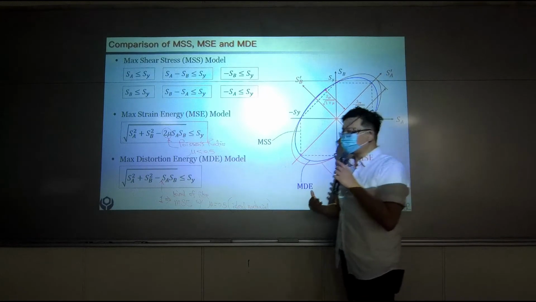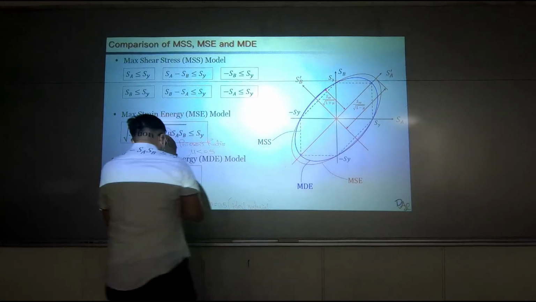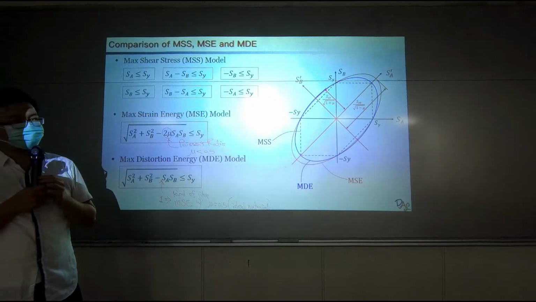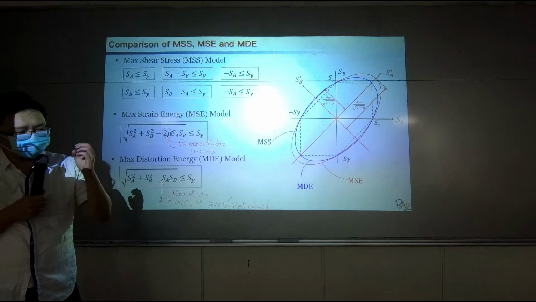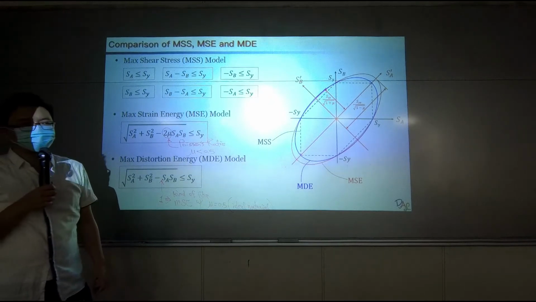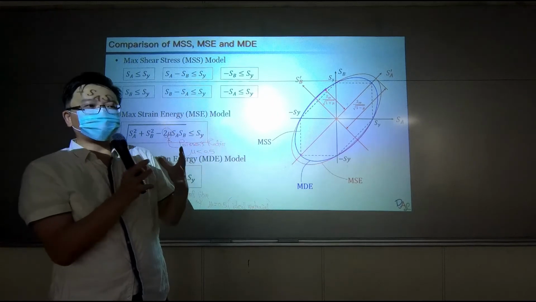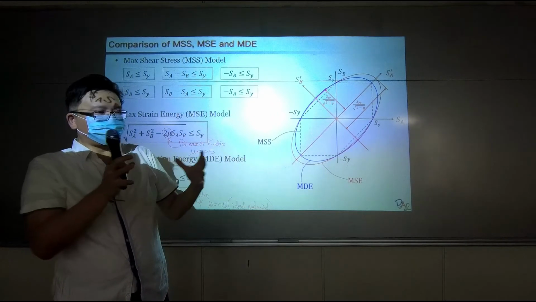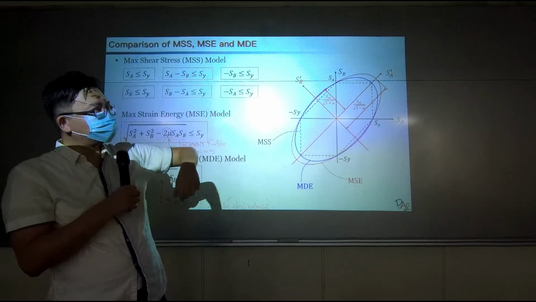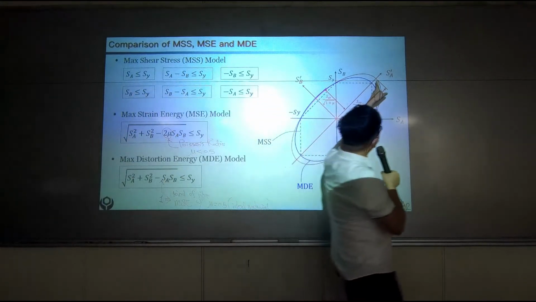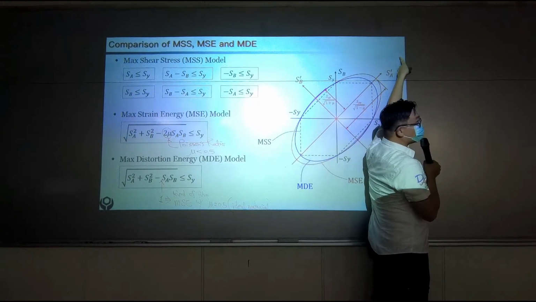So if a material has a very small Poisson's ratio, which means when you stretch it, it doesn't shrink too much, then this becomes greater.